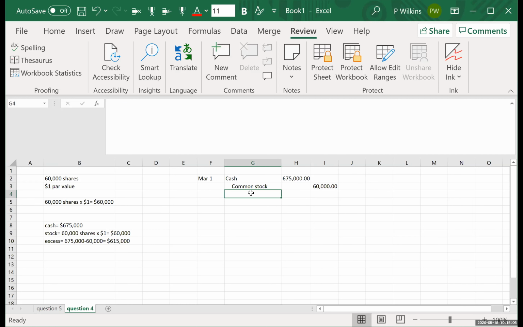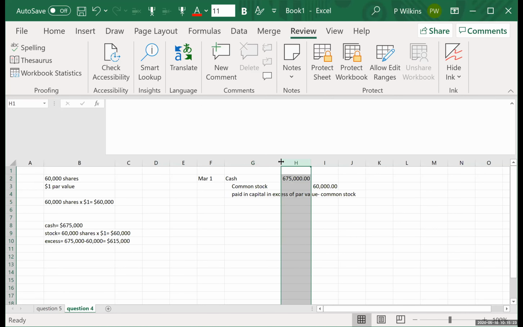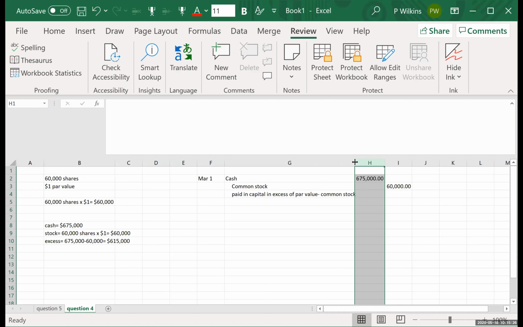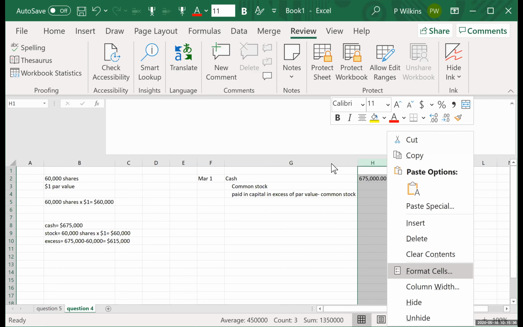And then we are going to credit that long account title, paid in capital in excess of par value, common stock. Remember, it could be par, it could be stated, it could be common, it could be preferred. And we're crediting that 615,000. Okay, so that's the first one.